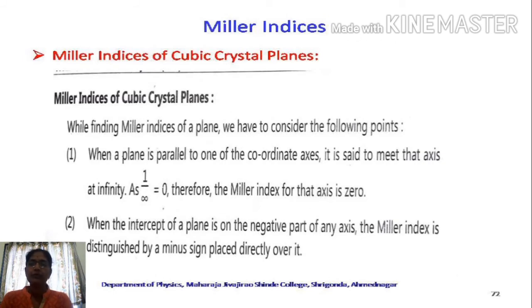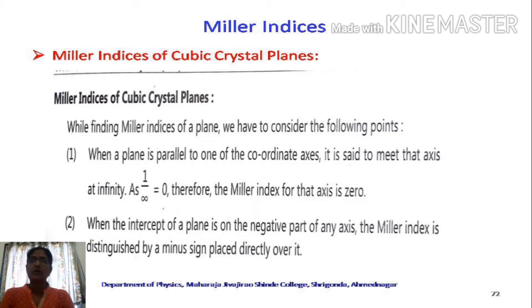So, two important factors one has to remember in the case of Miller indices are these. If the plane is parallel to a given crystallographic axis, its intercept will be at infinity and its Miller index will become 1 upon infinity, which is equal to 0.